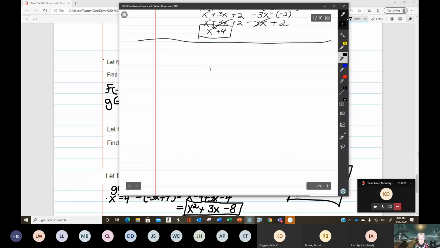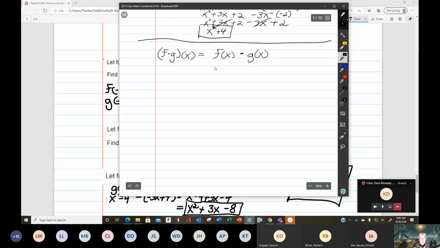Now, we're going to multiply. Ew! I'm going to take f times g. We're going to take f times g of x, and what that is is f of x times g of x.